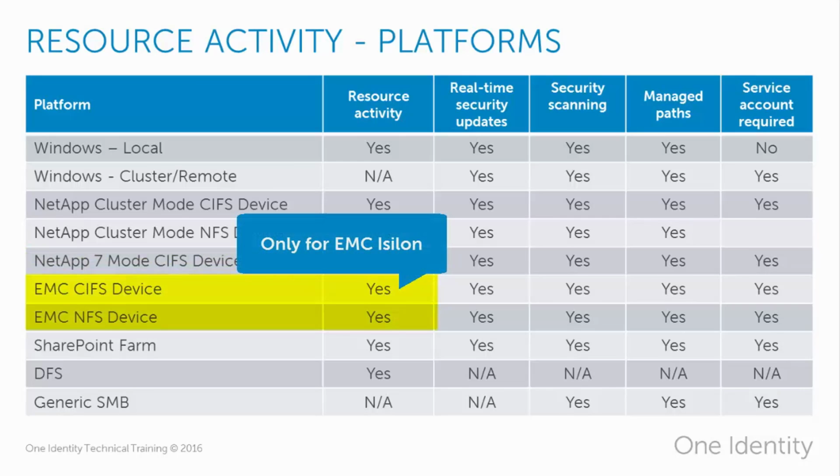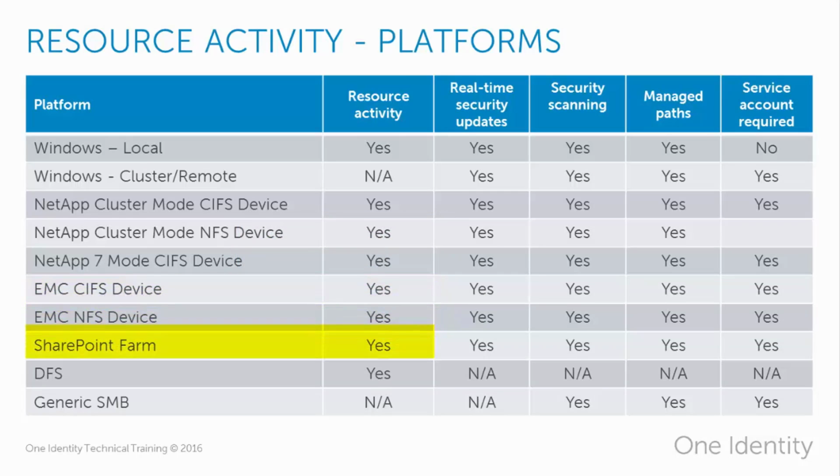For EMC, again, we have 2 different file systems supported, CIFS or NFS, and the answer for both is yes. On your EMC Isilon devices and your VNX, if they're running with CIFS or NFS, then DGE can support all activity collection.